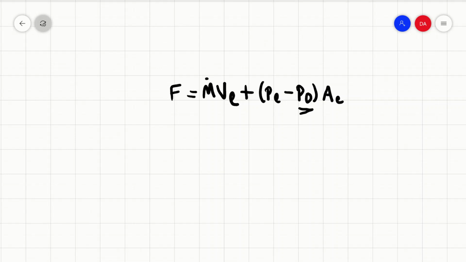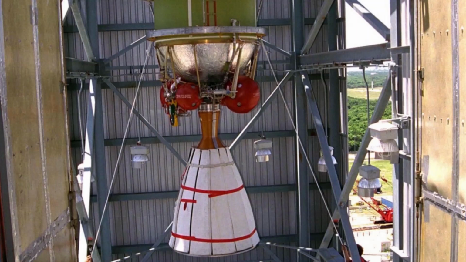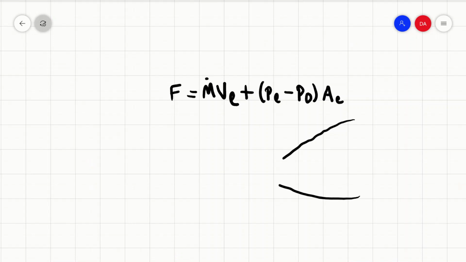And eventually, once you get into space, all you'll be left with is P_E and A_E, or the pressure of the exhaust and the area. That's why on the second stages of rockets, they have very, very big nozzles so that they can maximize this area and create the largest amount of thrust possible with this term.